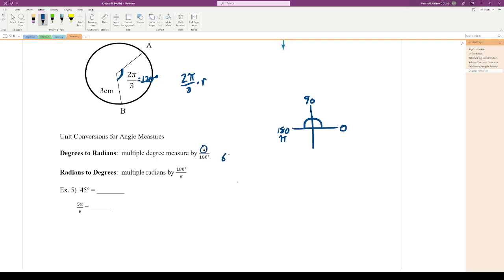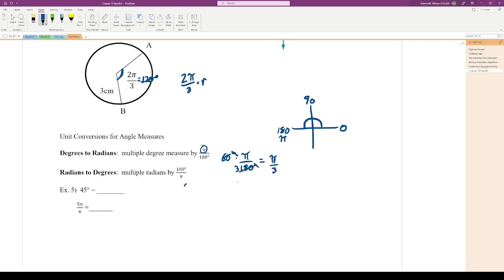So for example, if I had 60 degrees and I want to change it to radians, I would do times pi over 180 degrees. That way my degree units are going to cancel out. Those go away. And 60 over 180 is 1/3, so I just get pi over 3 is the same as 60 degrees. Going the other way, I need to bring in the degree units.